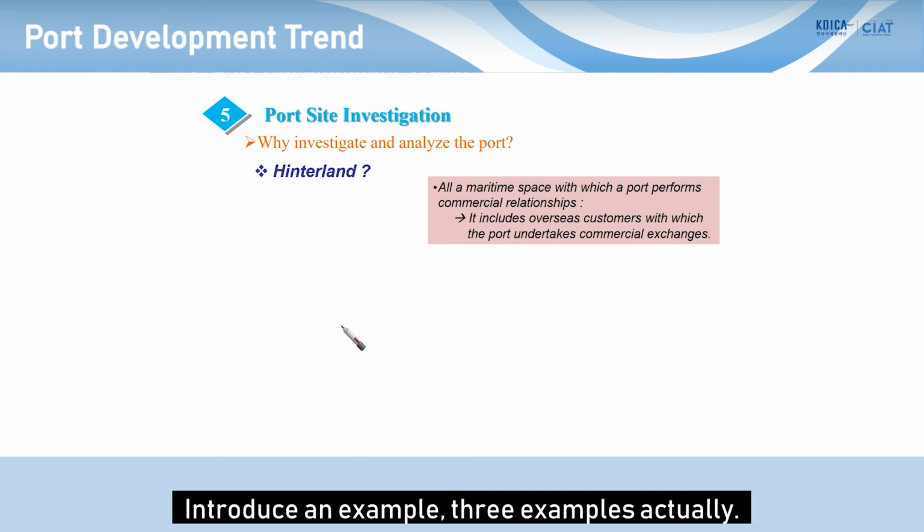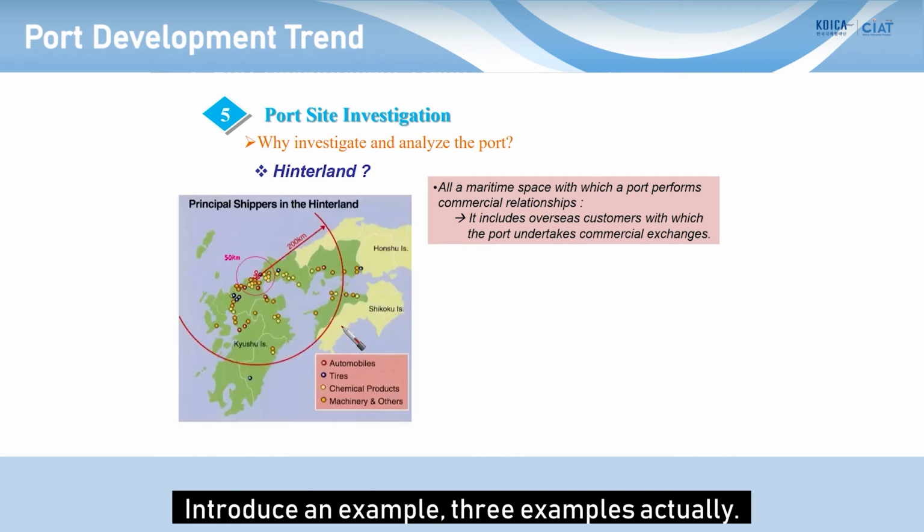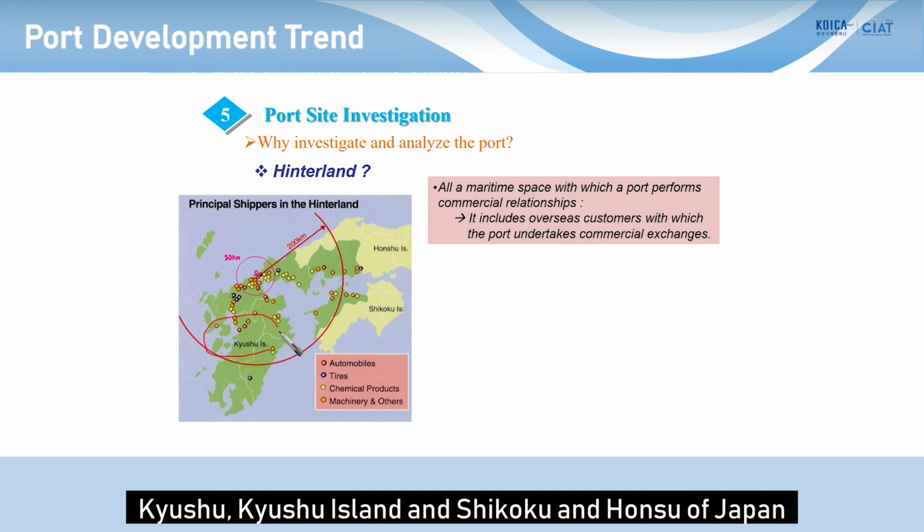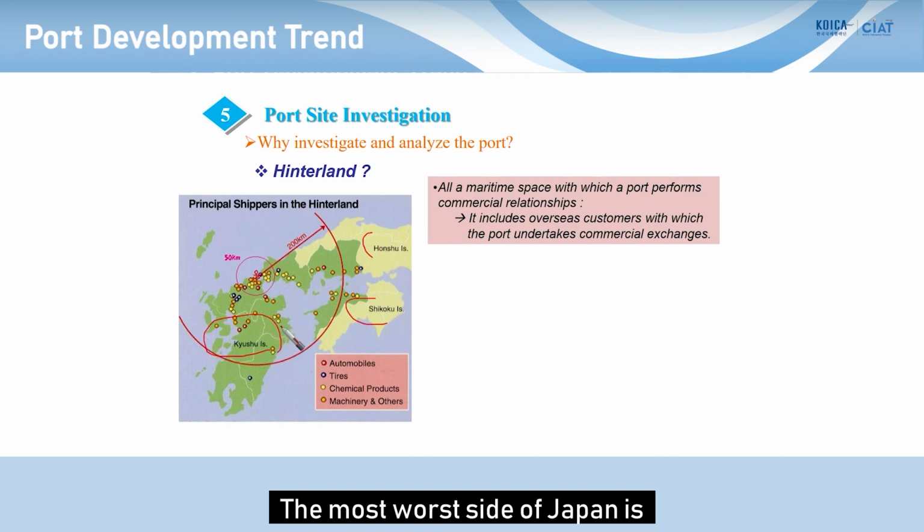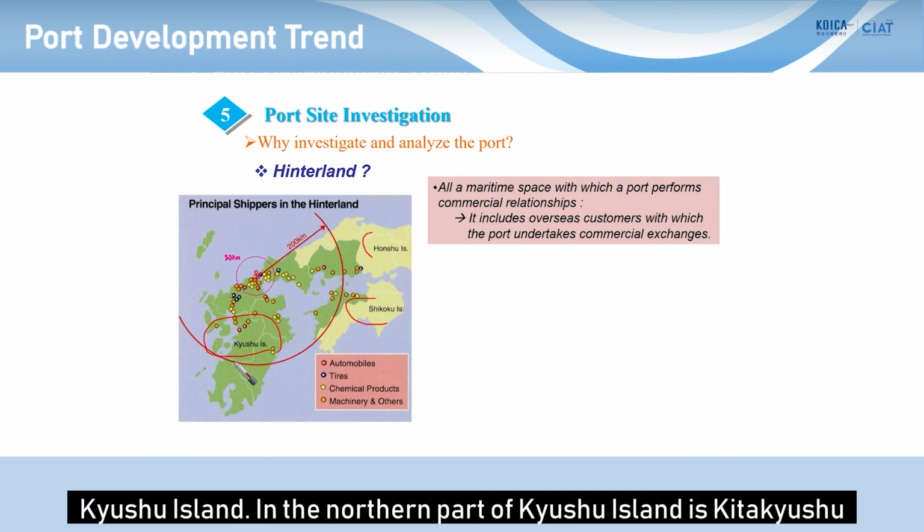Let's introduce two examples, actually. Kitakyushu is on Kyushu island, along with Shikoku and Honshu of Japan. The most west side of Japan is Kyushu Island. The northern part of Kyushu Island is Kitakyushu.